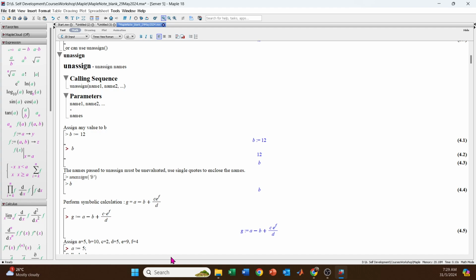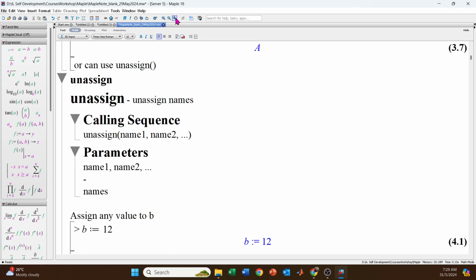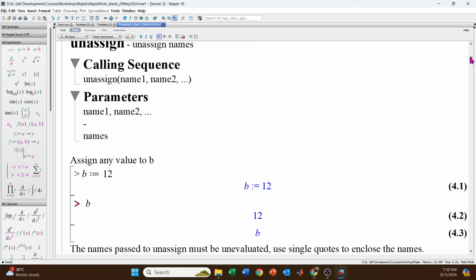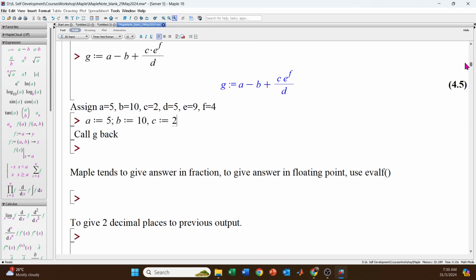Now assign the value of A equal to 5. If you want to assign the values in the same line, make sure you separate them by semicolon. B colon equal 10, C colon equal 2, and then D is 5, E is 9, F is 4.